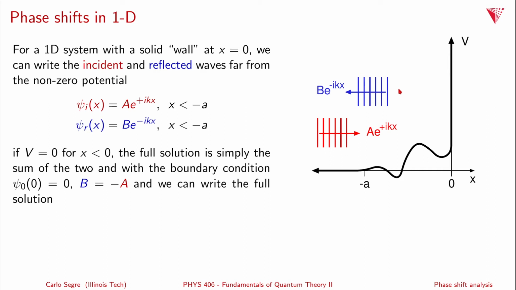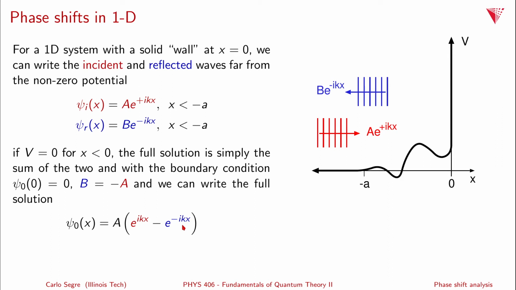If you then require that the wave function is 0 at the origin, then that puts a constraint on b, and that b is equal to minus A. And so we can then write the full solution for a one-dimensional case with a 0 potential and a hard wall at the origin, as psi sub 0 of x is A times e to the ikx minus e to the minus ikx.